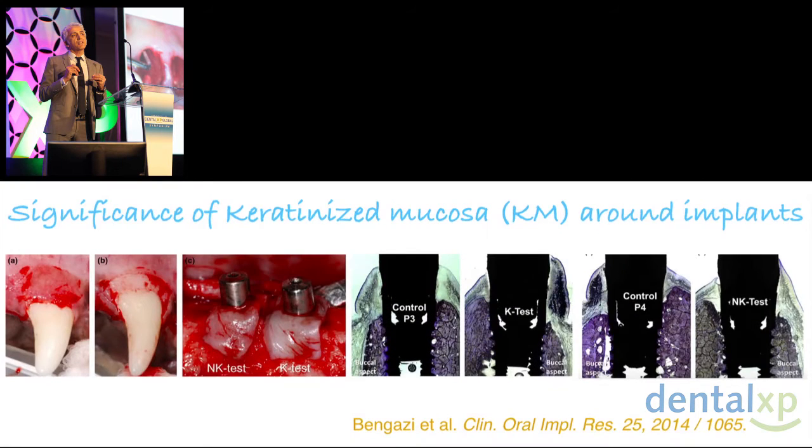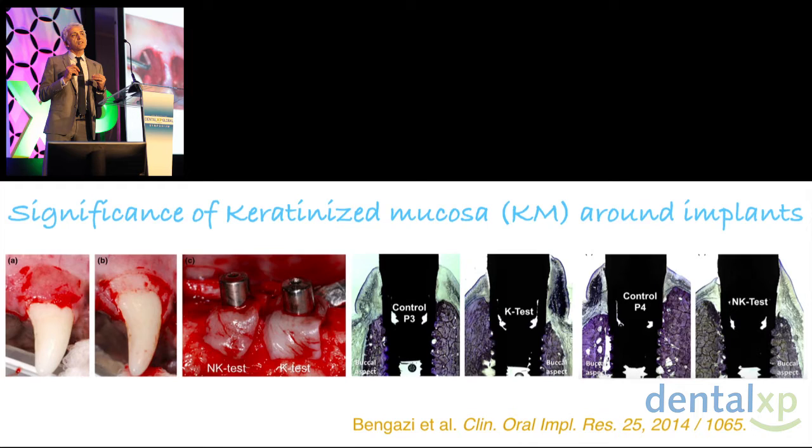So what can we do about it? Can we reconstruct it? Is grafting effective for this? Yes. In this particular study, where the senior investigator was Klaus Lang, they showed that when keratinized gingiva is grafted as a free gingival graft, taken from the canine and grafted in the sites that had the keratinized mucosa completely excised, it can lead to stability of the soft tissues and bone.